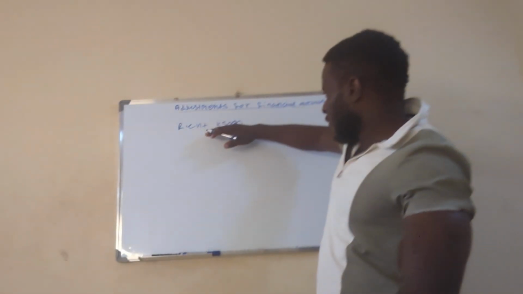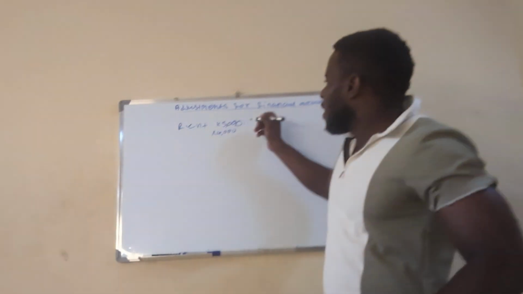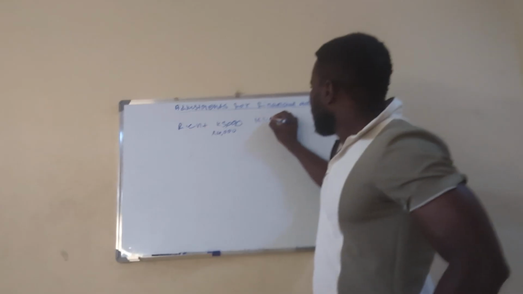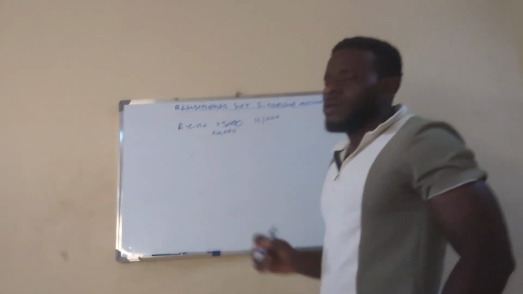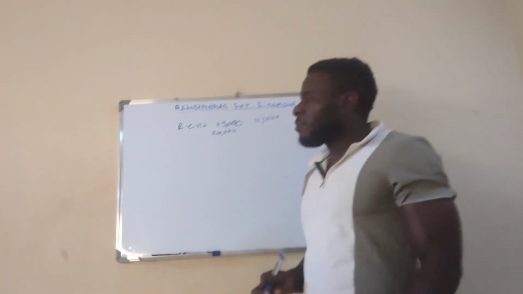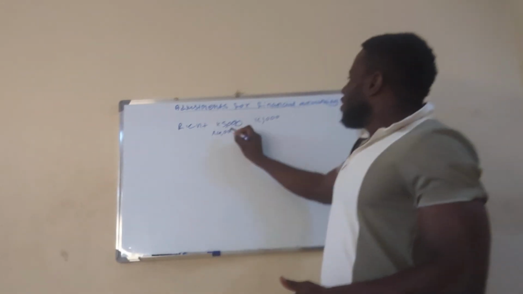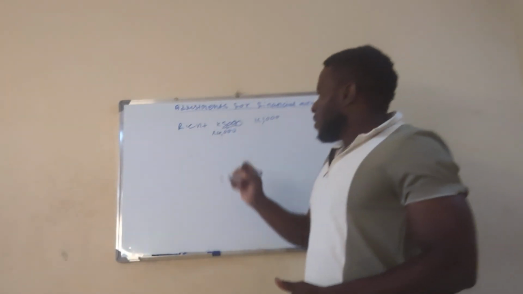Instead of paying the 4,000, you end up paying the 5,000. Meaning there is an extra amount. 1,000 kwacha is an extra amount, so there's an additional payment of 1,000. So the trial balance will just record this.